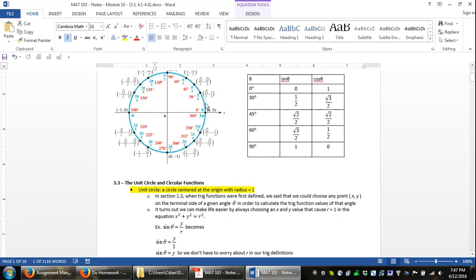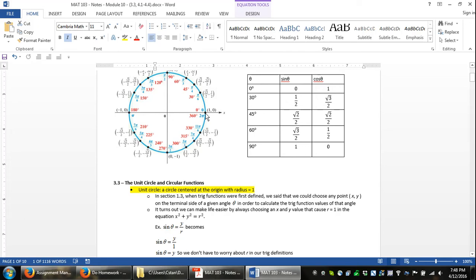If you were to take this blue line and flatten it out, that distance is also pi over 6. Through the miracle of ratios, because this distance to the blue line is always going to be 1, taking that arc length and dividing it by 1 is not going to change our distance. So again, this will be a useful concept for graphing.